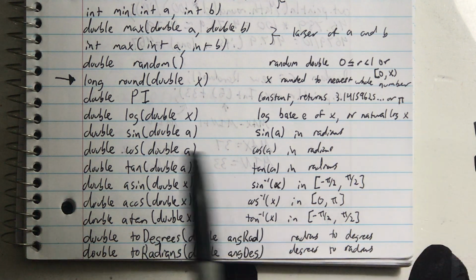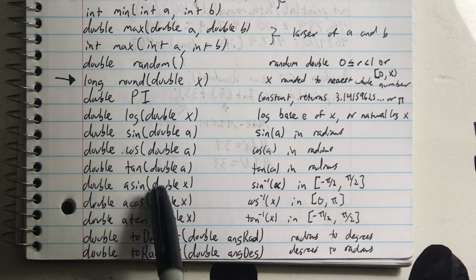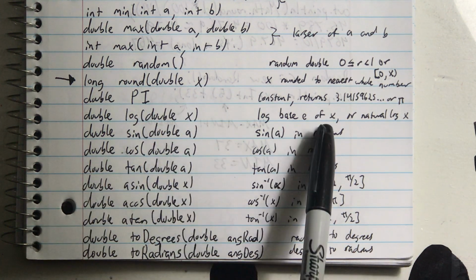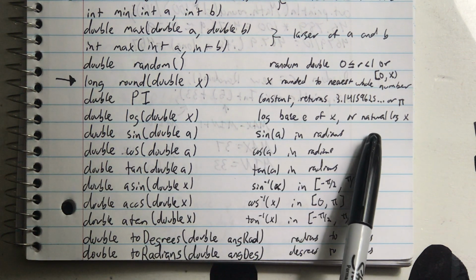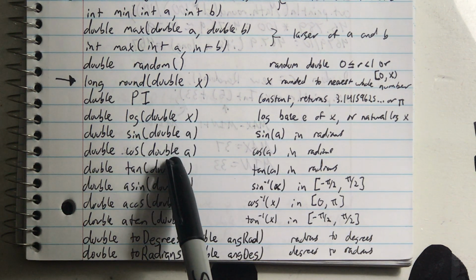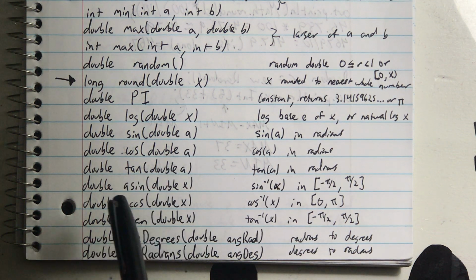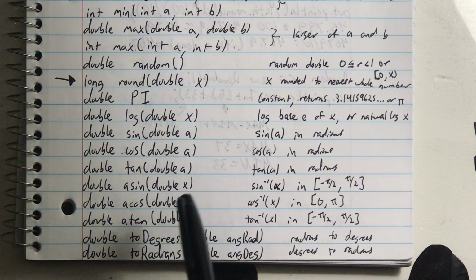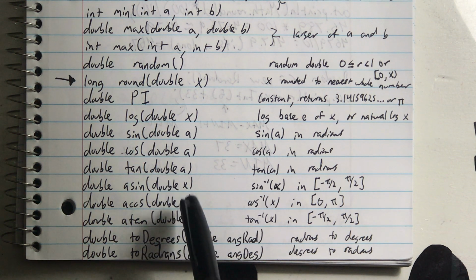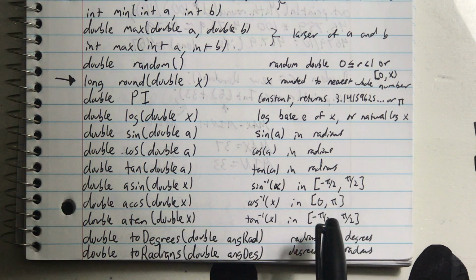Here you go. So again, log is going to return log base e of x, not the common log. Sine, cosine, and tangent are going to give you the answer in radians. Asin, acos, and atan are going to give you the angle measure in radians, of course, and they have their intervals.